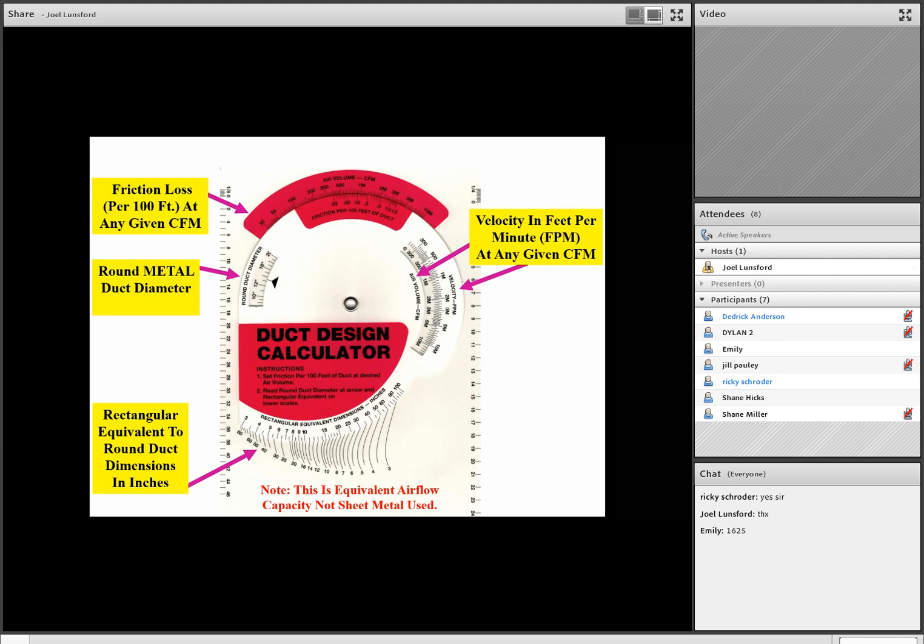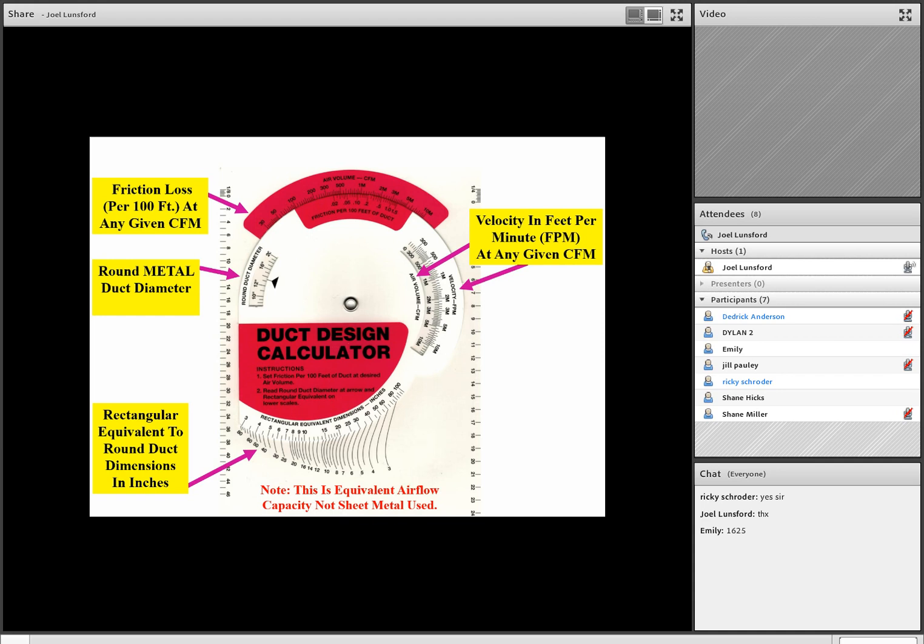And we see that that 14-inch round metal duct at 500 feet a minute velocity and 500 CFM will give us a friction loss per 100 feet of approximately 0.03 to 0.035.